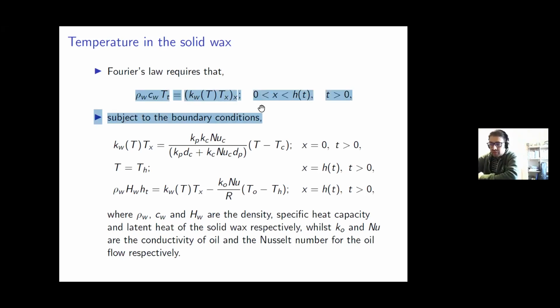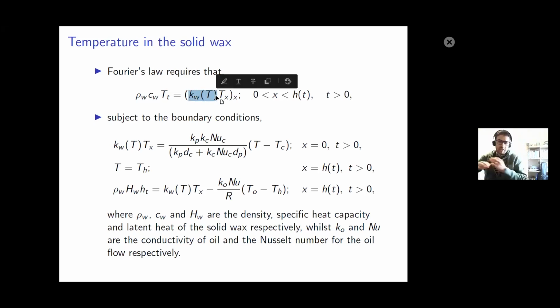The only difference here is, instead of having a constant conductivity for the wax, we now have a non-constant conductivity for the wax. We've still got our density and specific heat capacity for the wax here, which we do assume are constant. One wouldn't necessarily have to, and they could feed into this nonlinear term here, but it's not something we've done at this point.